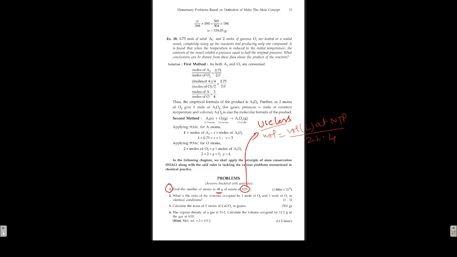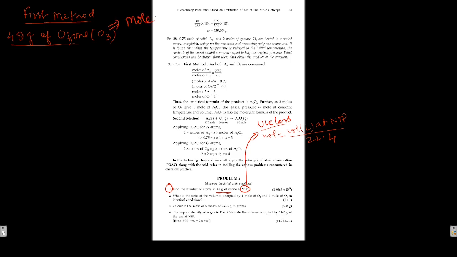Now, here we have to calculate the number of atoms in 48 gram of ozone. So, the first method that I call the lengthy method, the long method. Here it is given 48 gram of ozone. 48 gram of ozone means O3, and this is the molecular form of the substance.